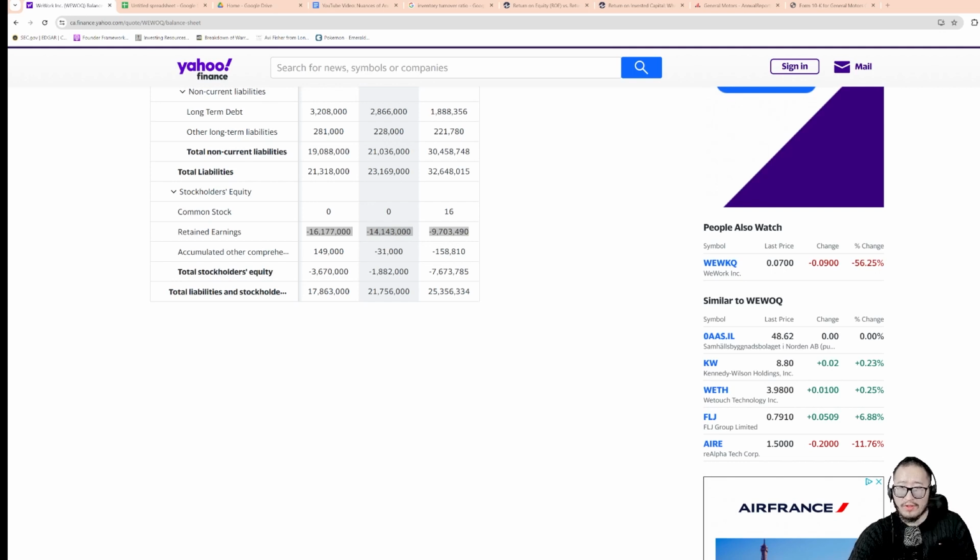Of course, there are these tech companies and these early startups which incur a lot of expenses in the beginning and then later become profitable. But when you see retained earnings going down or being negative and more negative year after year, usually it is a little bit of a red flag or yellow flag, at least to show that the investment is quite risky.